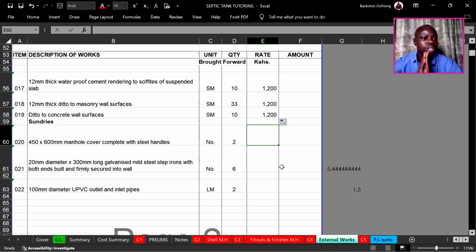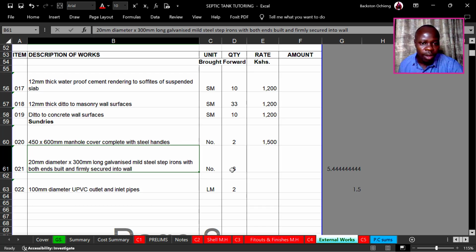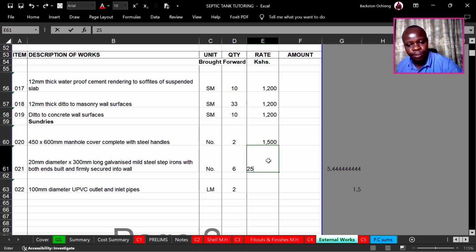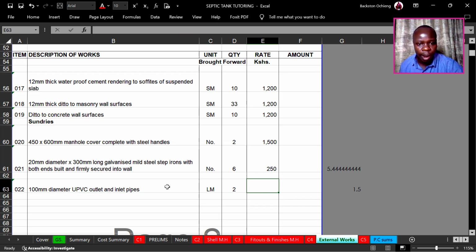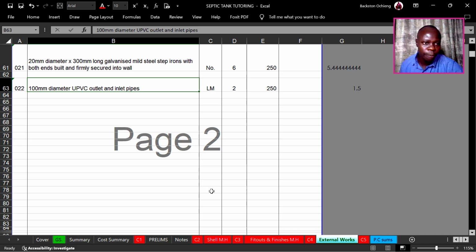Then manholes, 450 by 600, let's do 1500. Then these ones, a piece of them, let's say 250. Then 100 millimeter diameter UPVC per meter, let's do another 250.